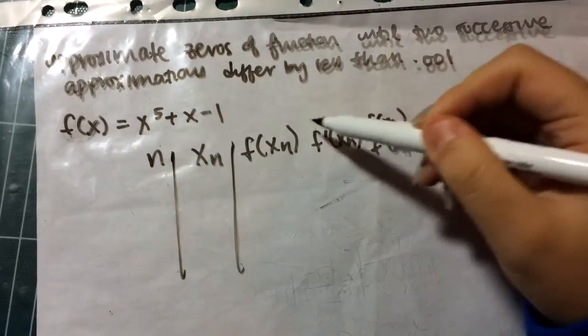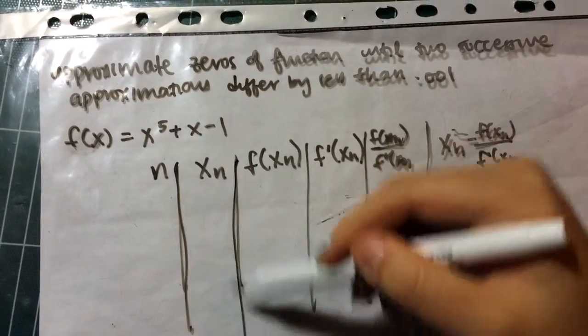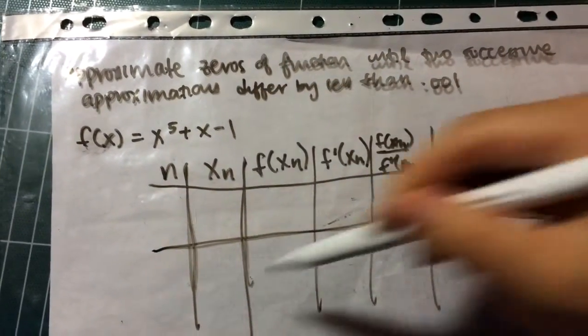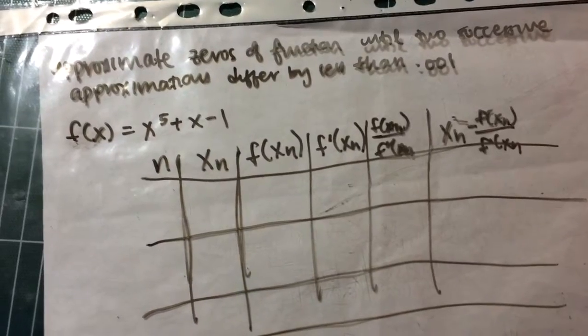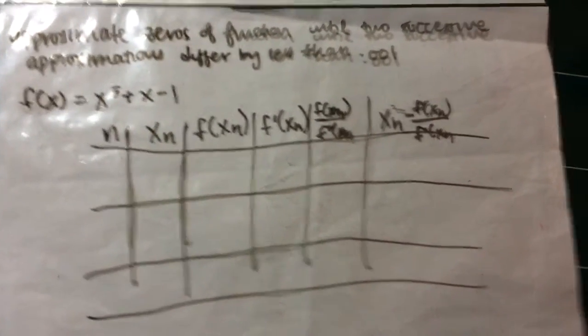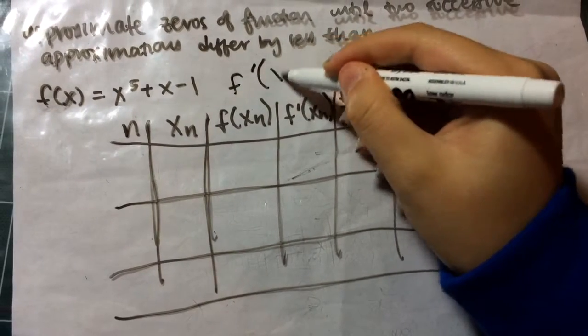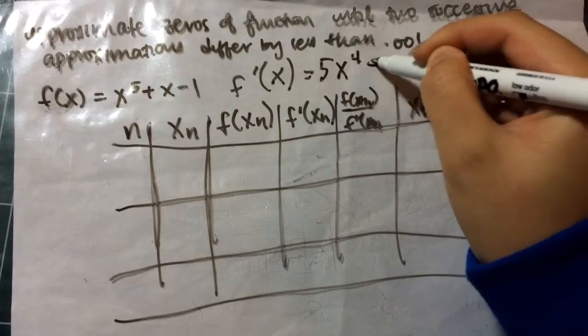Just make the nice lines. Make it a little longer. Make the horizontal lines. Great. Okay. So let's find the derivative. So the derivative of f of x is 5x to the fourth plus 1.